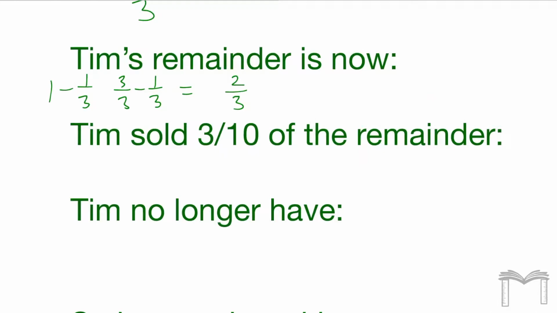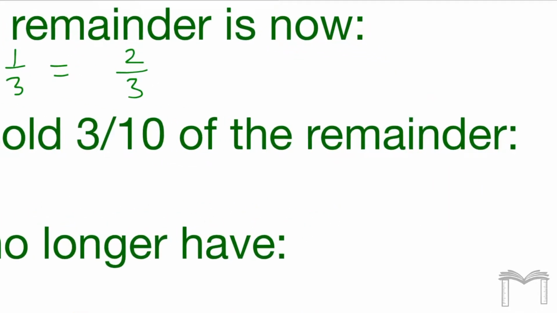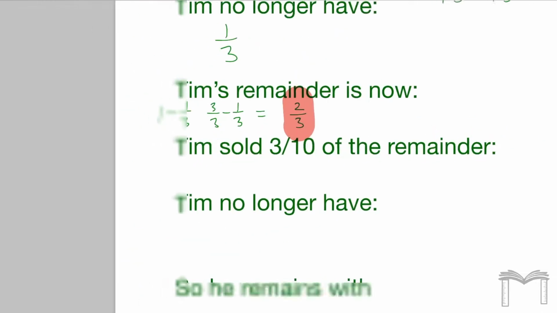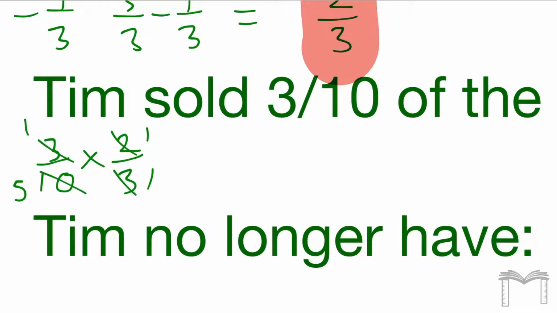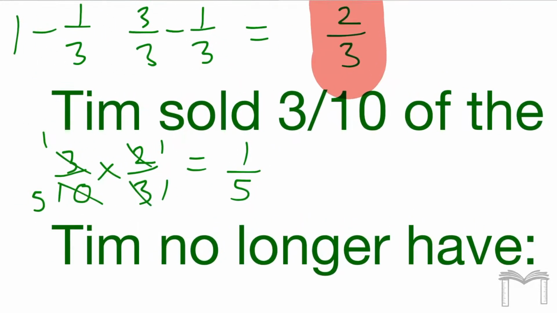So he sold 3/10 of the remainder, and we know that the remainder is 2/3. So 3/10 of 2/3 will give us: 3 into 3 is 1, 3 into 3 is 1, 2 into 2 is 1, 2 into 10 is 5. So 1 times 1 is 1, and 1 times 5 is 5. So 1/5 was sold. That's the fraction that was sold.